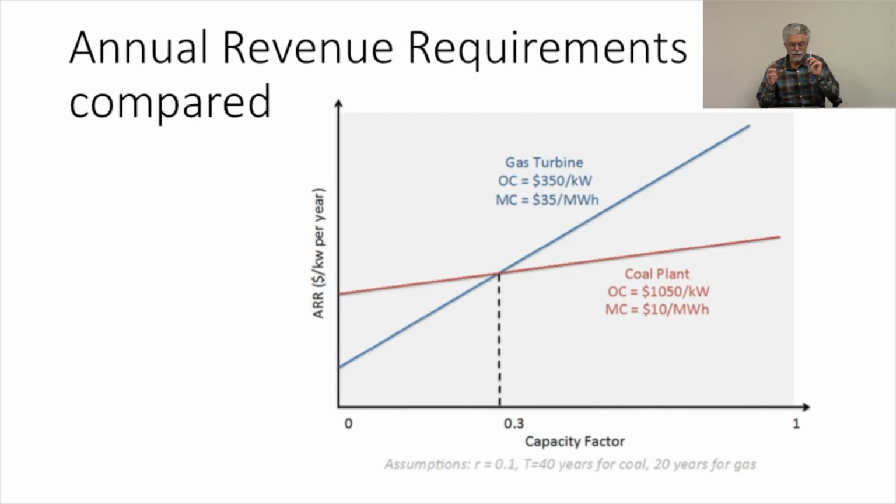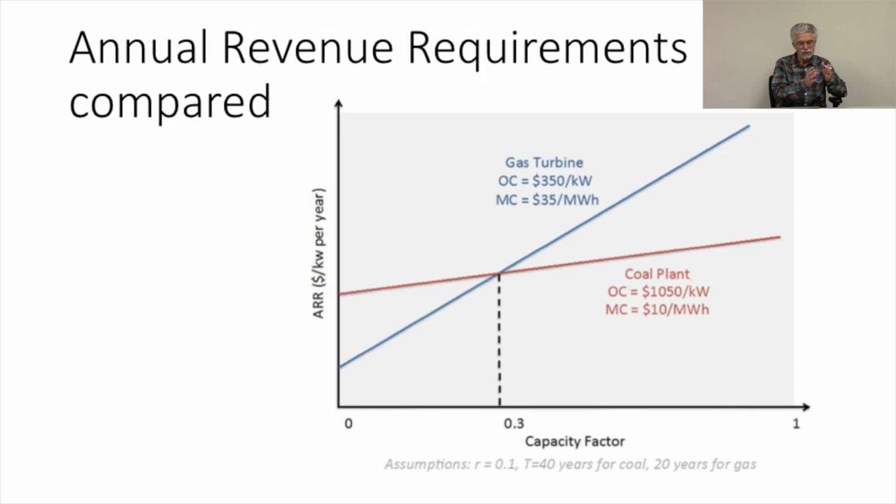One of the really useful things about the annual revenue requirement as a measure of long-run costs for a power plant is that it allows you to compare the long-run costs of different kinds of power plants.